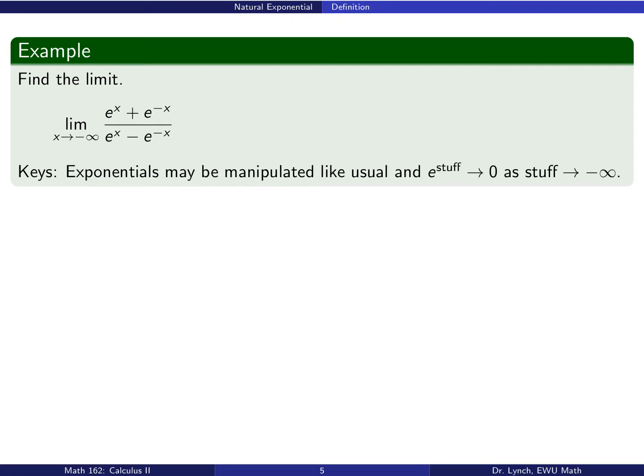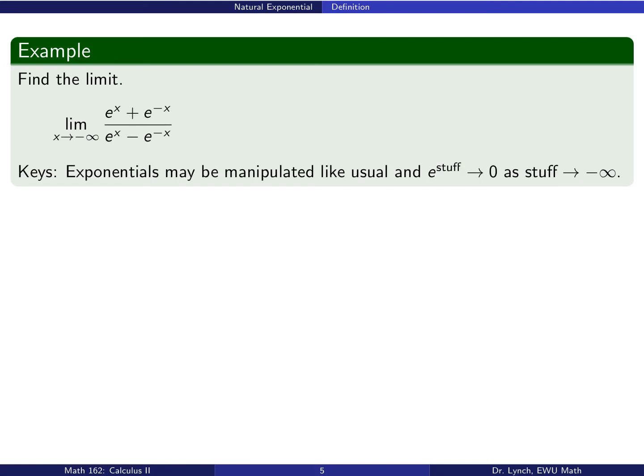Let's look at one more example. The limit as x goes to minus infinity of e to the x plus e to the minus x over e to the x minus e to the minus x. In this case, since x is going to minus infinity, we need positive exponentials.